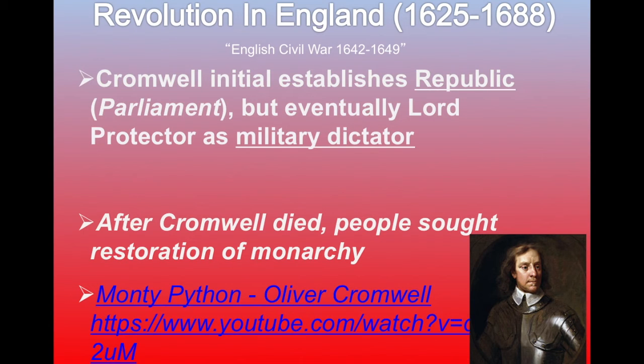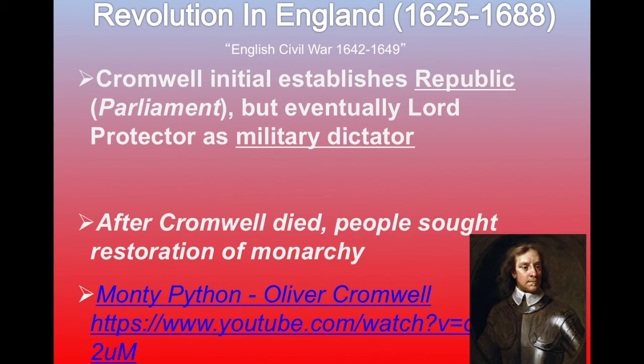However, unfortunately, Cromwell initially establishes a republic with Parliament ruling. However, over time, he eventually becomes the Lord Protector as a military dictator. And so Cromwell becomes the dictator that he had sworn to defeat.